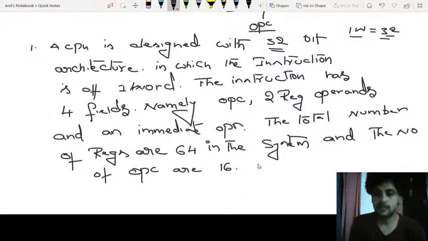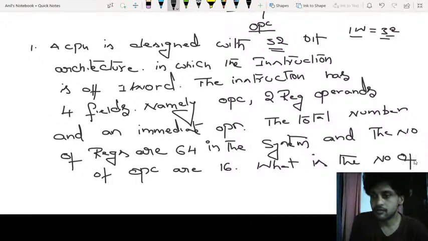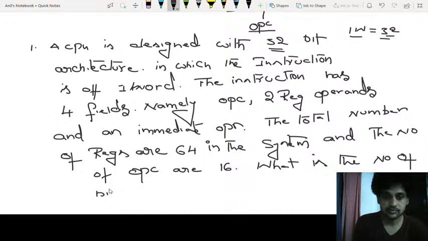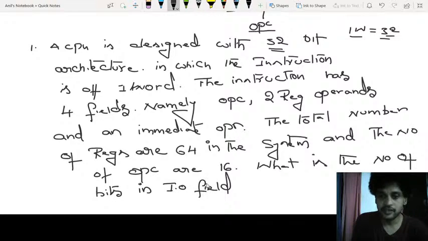Okay, what is the number of bits in the immediate operand field? Okay, this is the question.